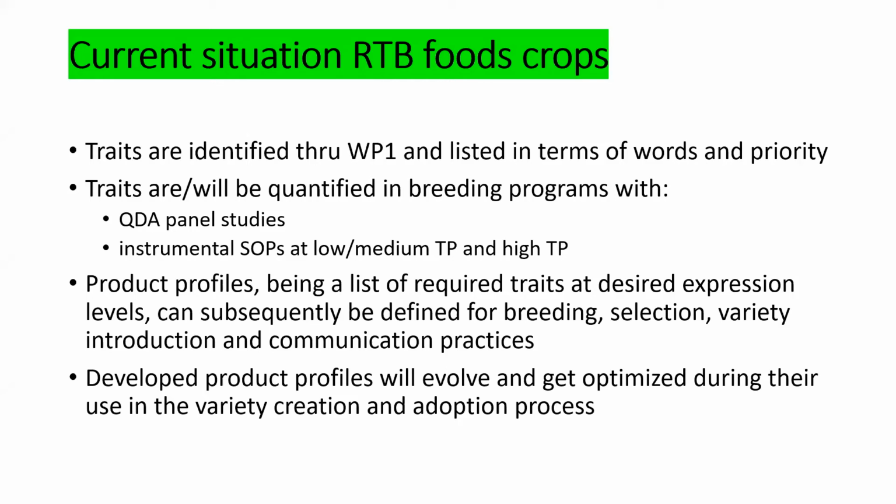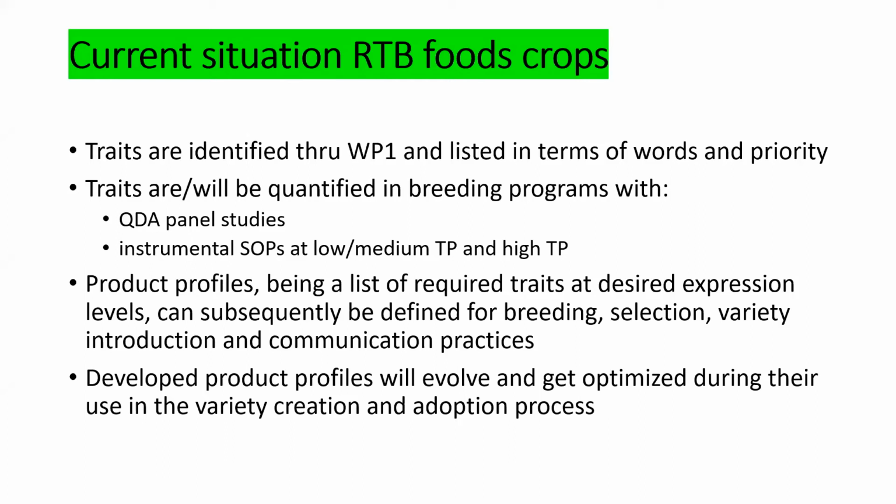So the traits are or will soon be further quantified in breeding programs, and you have in Work Package 2 and 3 QDA panels and instrumental standard operation procedures at low, medium, and high throughput.